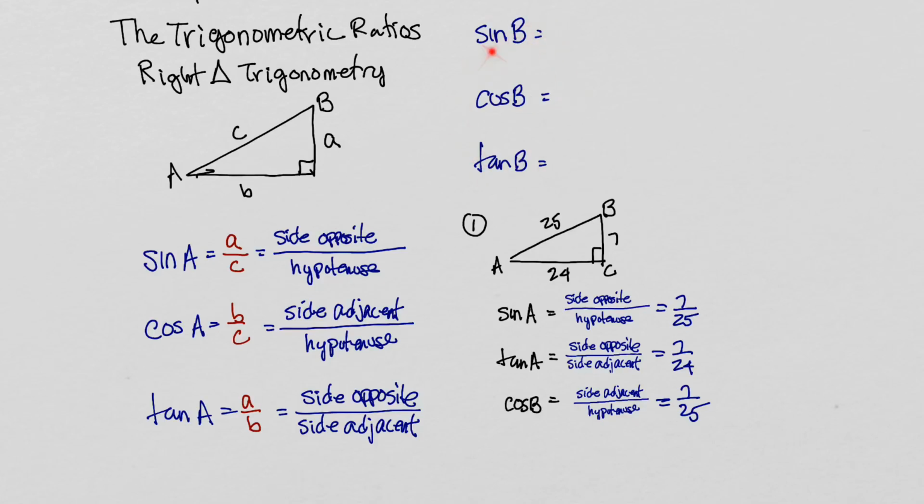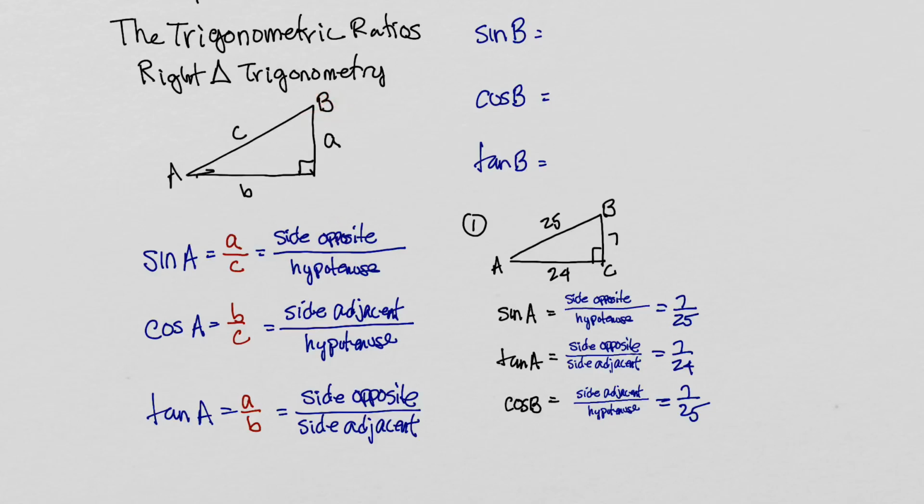Okay, so up here, let's find the sine, cosine, and tangent of angle B. Now here's angle B. I had c written before, but I just changed that to b. So we want the sine of angle B. So locate yourself at angle B. After you do these for a while, you get to know what the definitions are. The sine of an angle is the side opposite that angle over the hypotenuse.